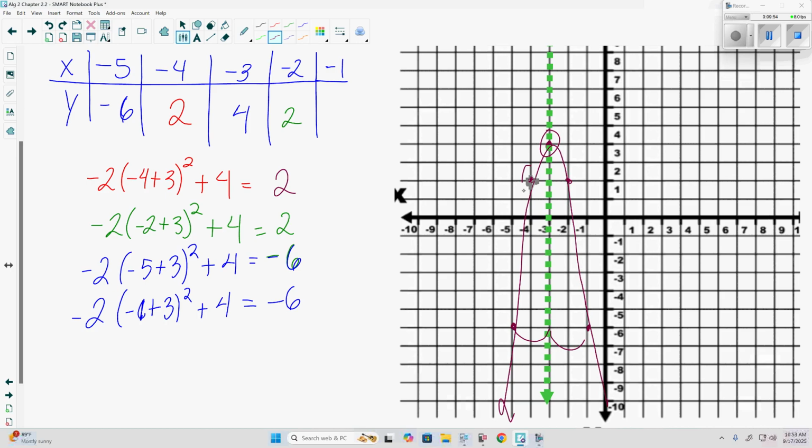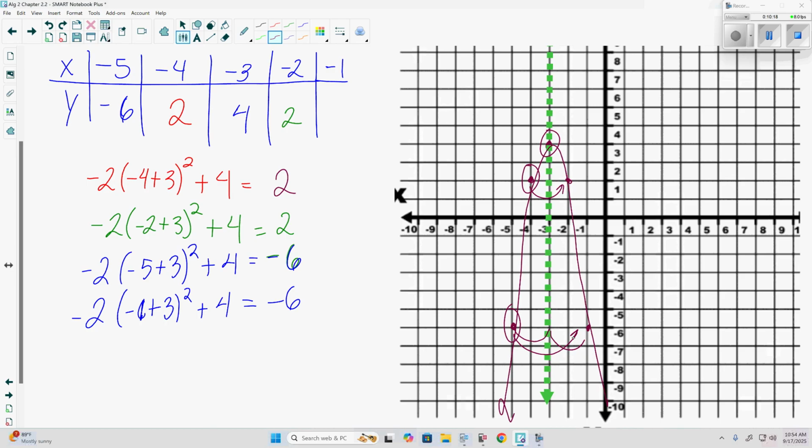Because if I have the vertex and these 2 points, these other 2 points are going to have to mirror across that line. So knowing the axis of symmetry and how this works lets me still find 5 points, but I only actually have to find 3. Does this make sense?